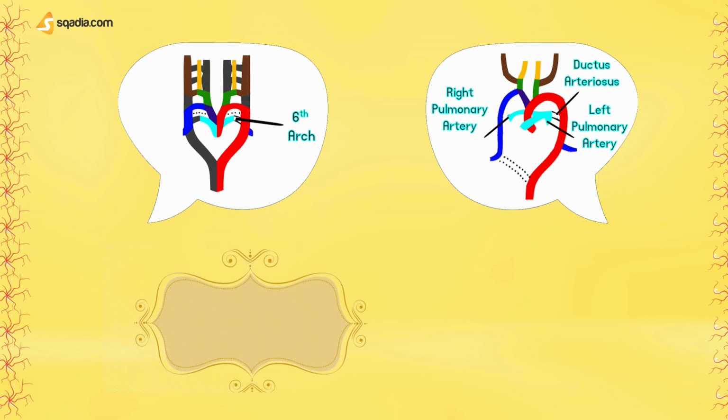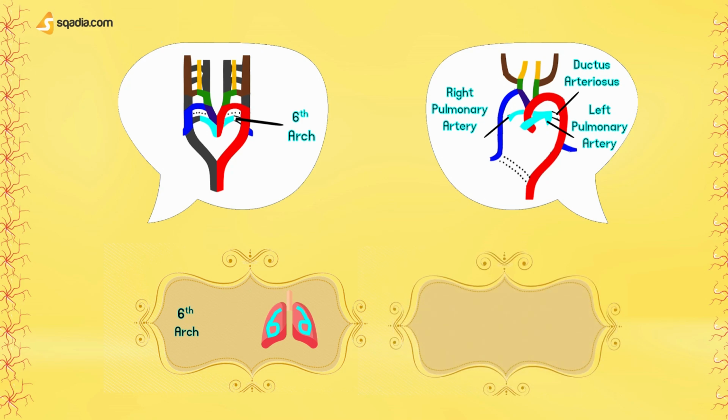Well, this is lame, but the digit 6 looks like lungs to me. So, right pulmonary artery and left pulmonary artery. And digit 6 also looks like a small d to me. So, ductus arteriosus. But sir, where is the left subclavian artery?